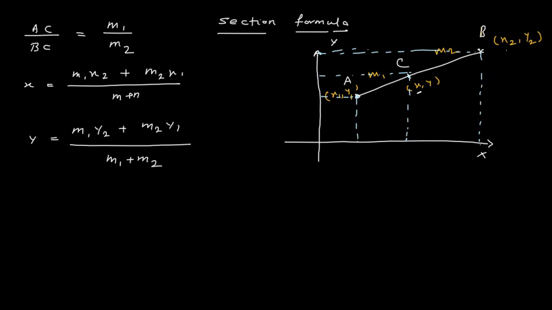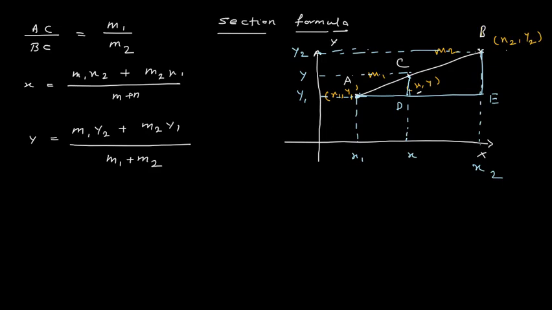This value will be x1, this value will be x, this is going to be x2. Similarly here this is y1, this is y, and this is y2. Now I will draw this triangle. Here you can see two triangles.